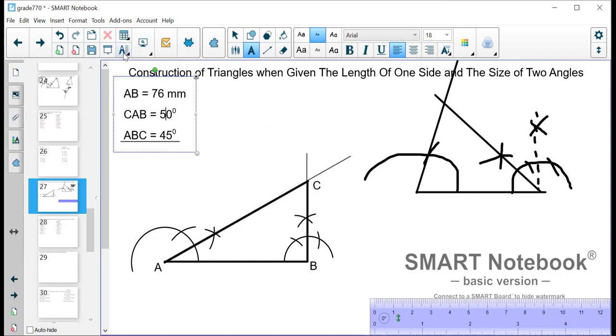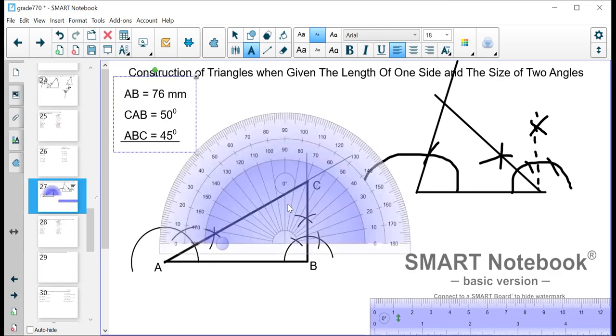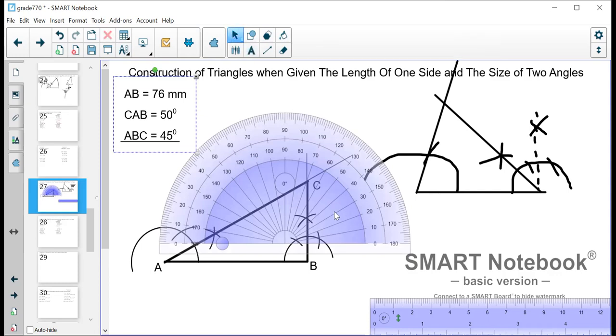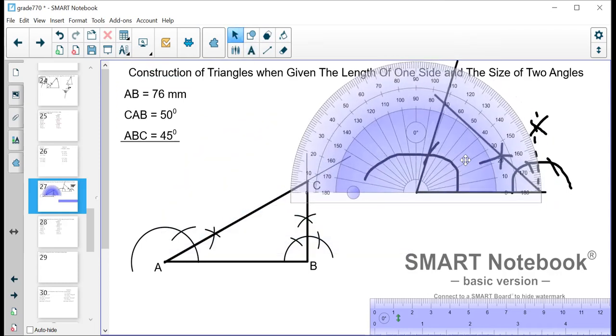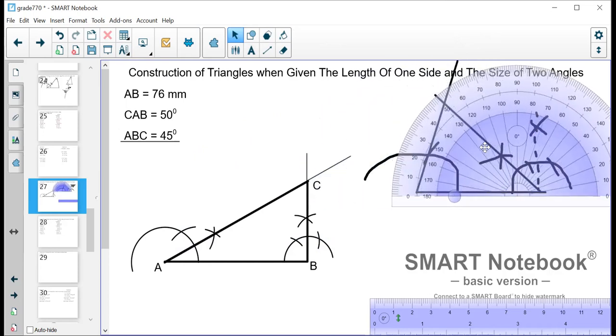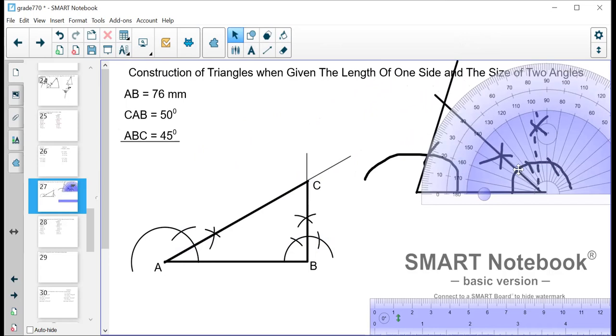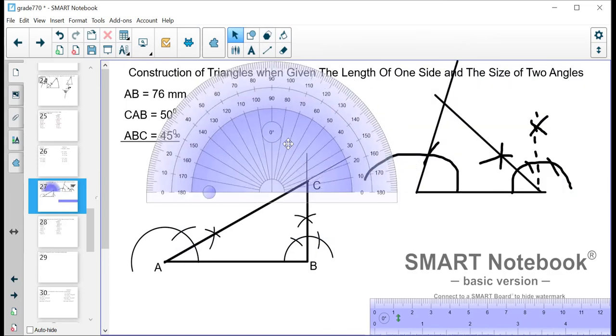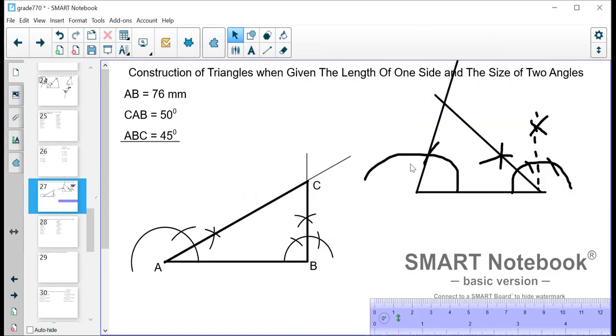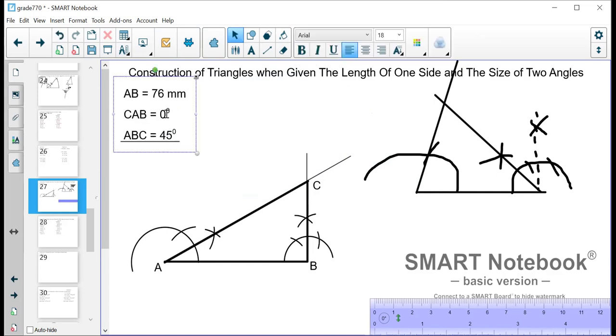To ease all of that, you would normally use the protractor to obtain those angles that you cannot construct. So you would find your 50. If the other one is 30 or 35, you find 35, and you draw up the two lines so that they meet at a point. That point will be the apex of the triangle. So again, to emphasize, whatever angle you're given here, that is what you have to construct.